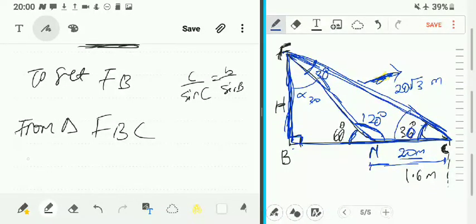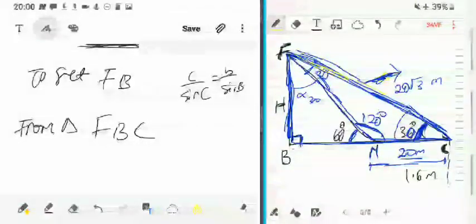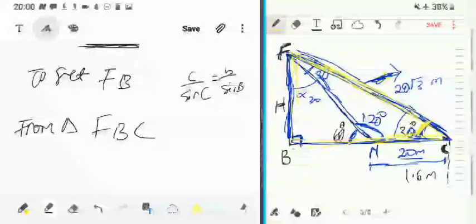So from triangle FBC now, I know this angle quite well, and this side, I also know this side. Let me highlight in yellow. I know this side, and this angle, I know the angle from this whole triangle FBC.